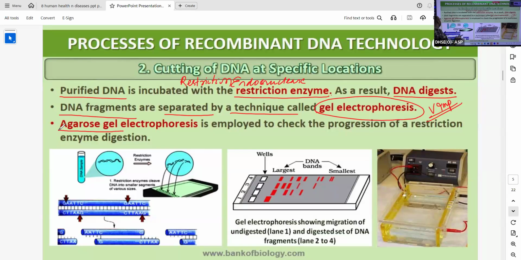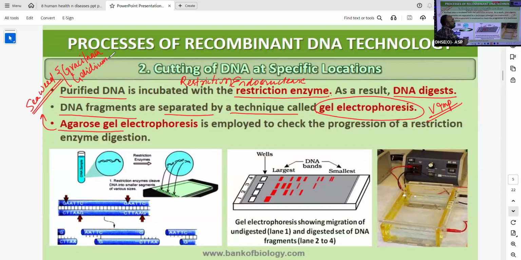Agarose is obtained from seaweed. Which seaweeds normally? Gracilaria and Gelidium. These are the common seaweeds from which we obtain agarose, a sticky, gel-like substance. So we set the fragments in the agarose gel.